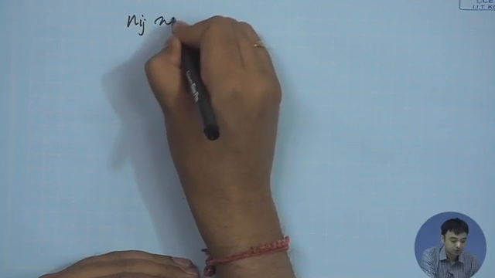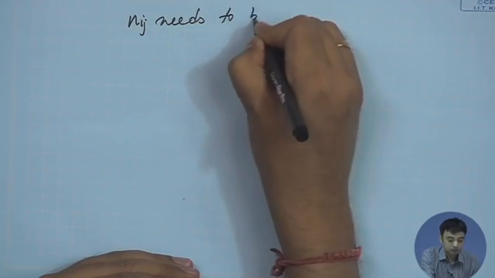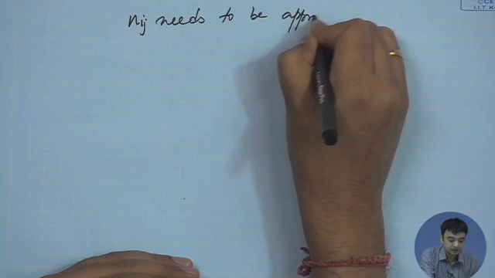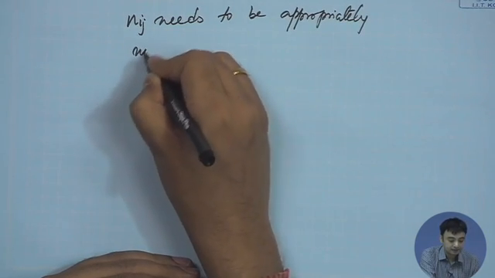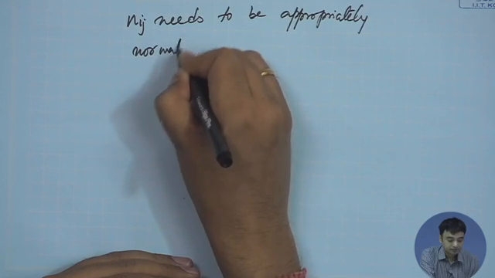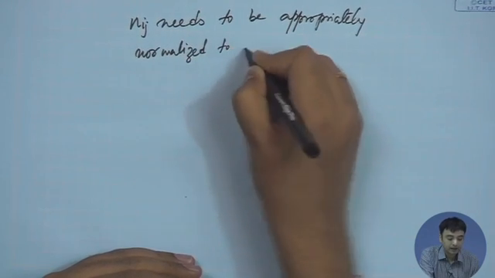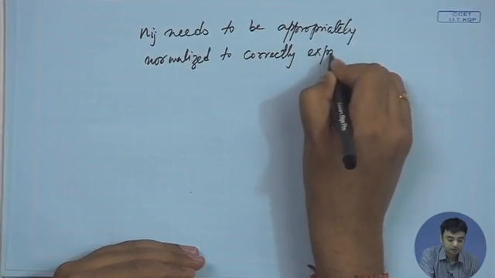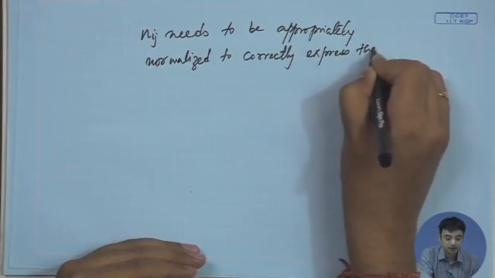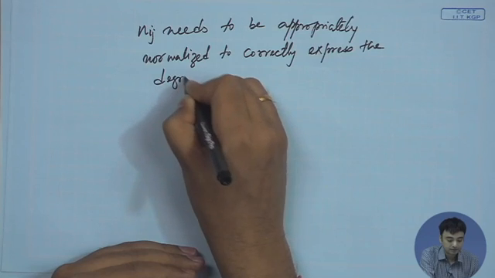So basically what I am trying to point out is that this particular factor needs to be appropriately normalized. So Nij needs to be appropriately normalized to correctly express the degree of equivalence.